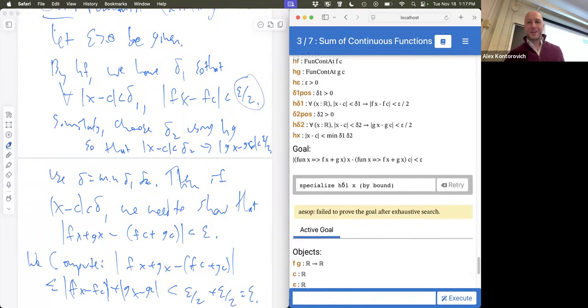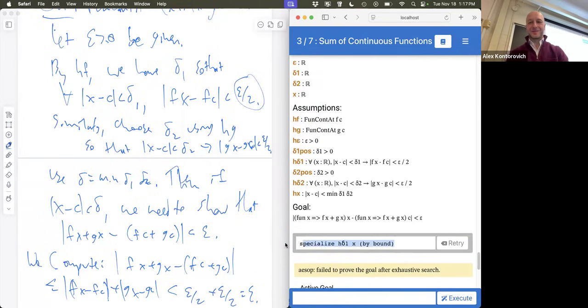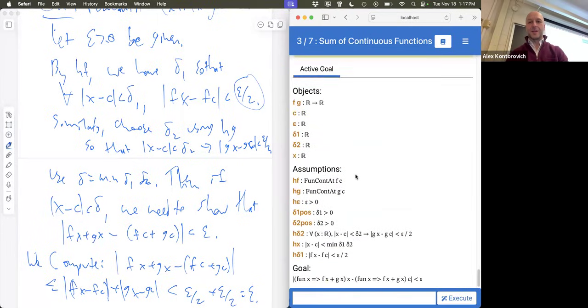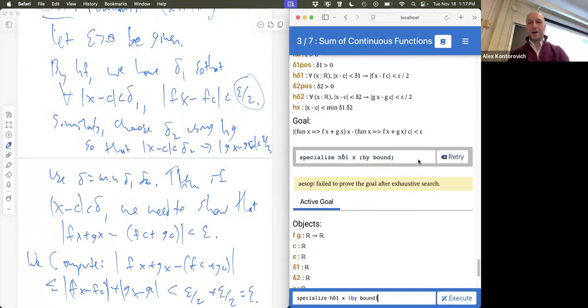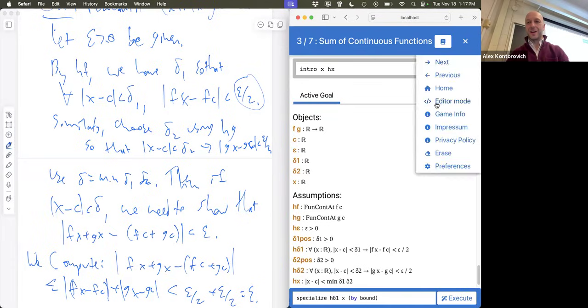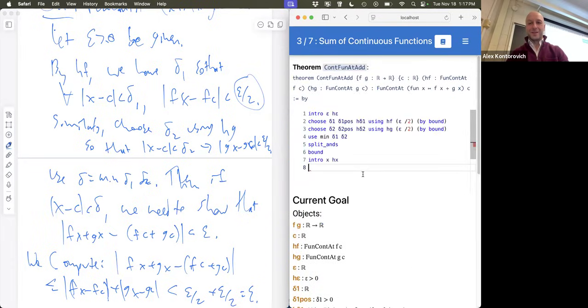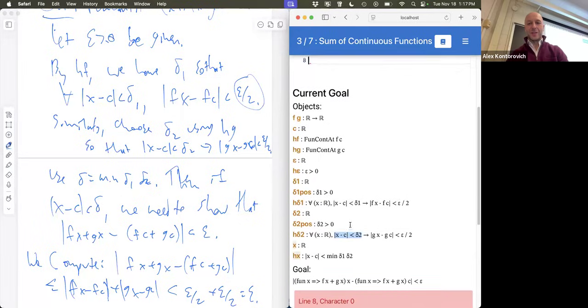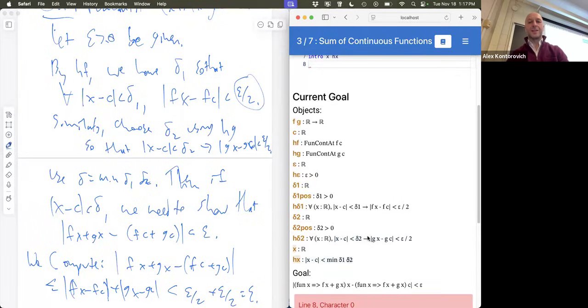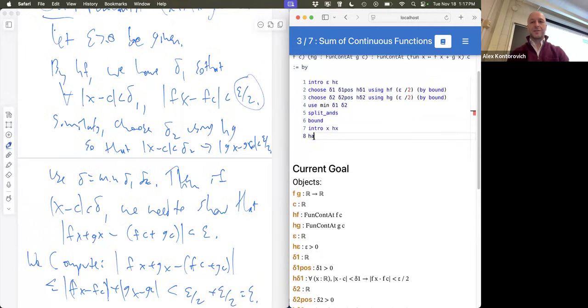It couldn't do it. Fine. So not specialized yet. Oh, come on. Oh, I have to hit retry. Let's just go to editor mode. Okay, good. Just in case it didn't actually delete it. So I need to know that x minus c is less than delta 1. Have f1 is that x minus c is less than delta 1 by bound.